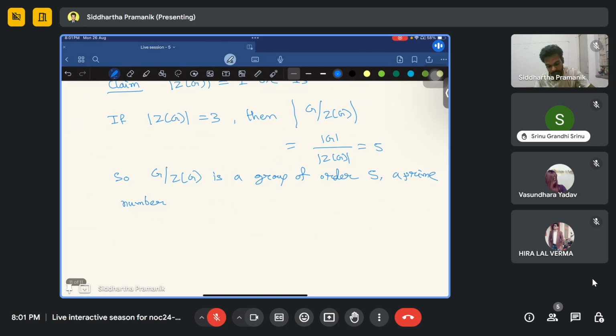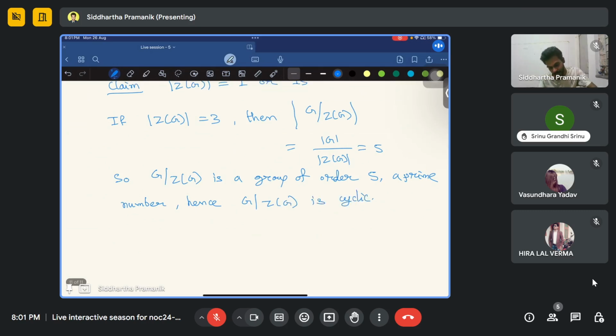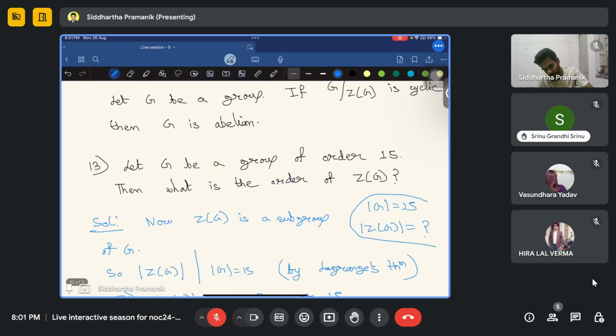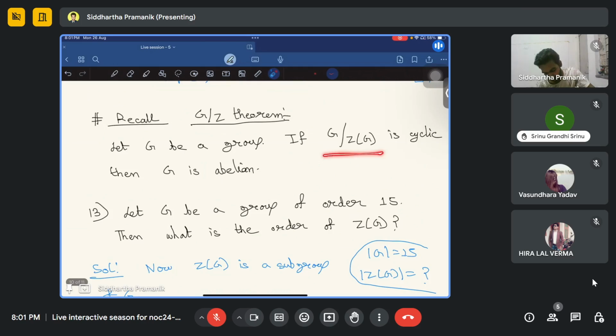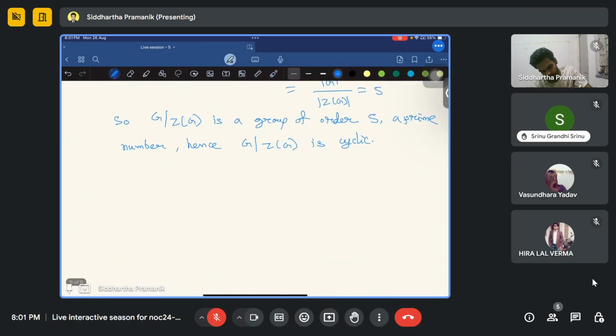We have seen this in the previous week's lecture. Hence, G mod ZG is cyclic. So you apply the previous theorem: G mod ZG is cyclic implies G is abelian. So by the G mod Z theorem, G is abelian.